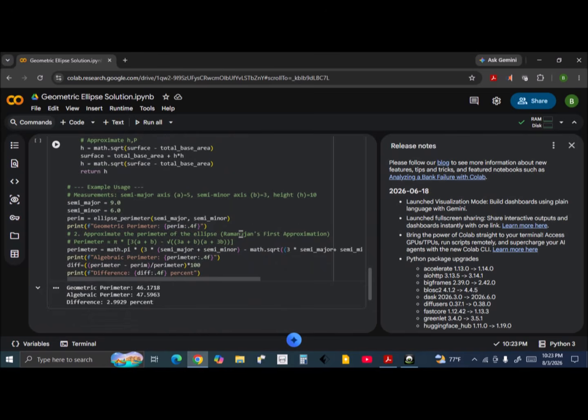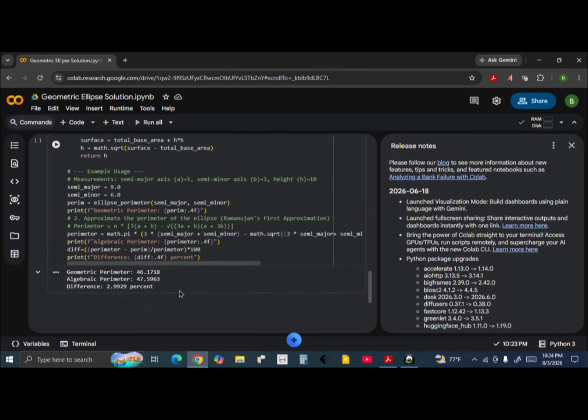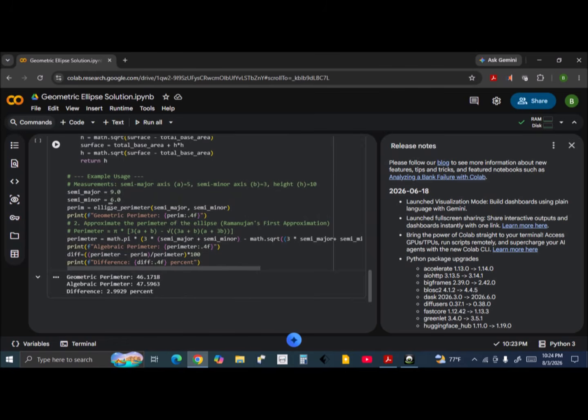I ended up getting the same value both times when the semi-major axis was 9 and the semi-minor axis was 6, as it was before I changed it in the previous cell.